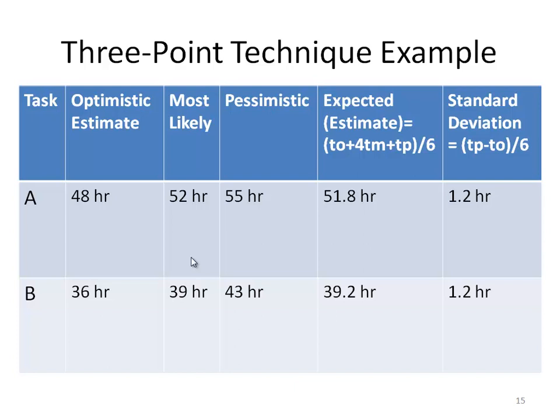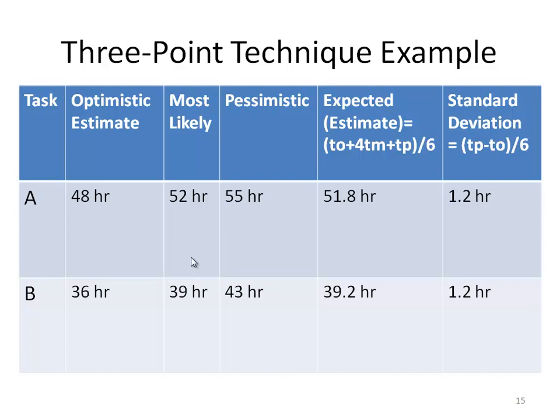To calculate the expected time, the estimate will be equal to T optimistic plus 4 T most likely plus T pessimistic, all added together divided by 6. So it's 1 T from the optimistic, and then we add 4 times T most likely, then we add T pessimistic and divide by 6.